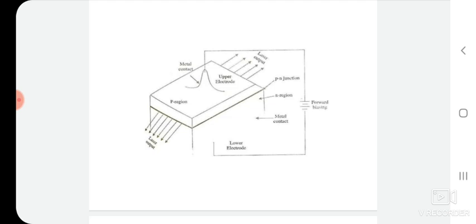This crystal is cut in the form of a plate having thickness of 0.5 millimeter. After that, the plate consists of two parts having an electron conductivity, that is N type, and hole conductivity, that is P type.